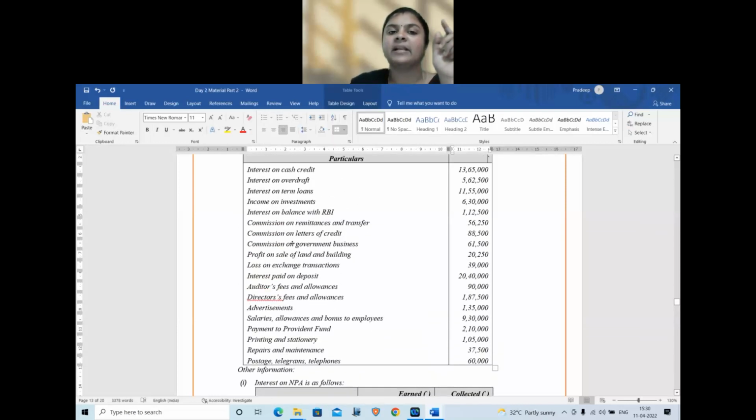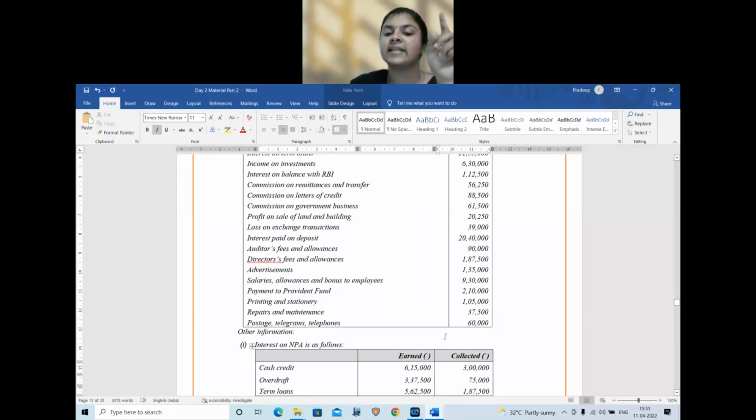So how do we calculate? Let's take an example. Interest on cash credit is 13,65,000, of which interest on NPA earned is 6,15,000, whereas collected is only 3 lakhs. So how do we calculate interest on cash credit? 13,65,000 minus 6,15,000 plus 3 lakhs.